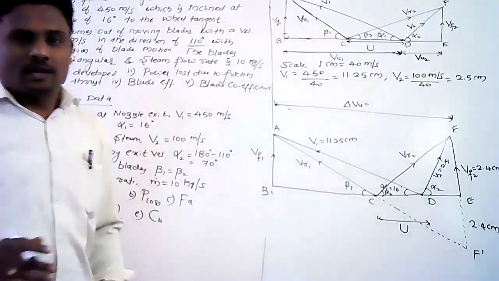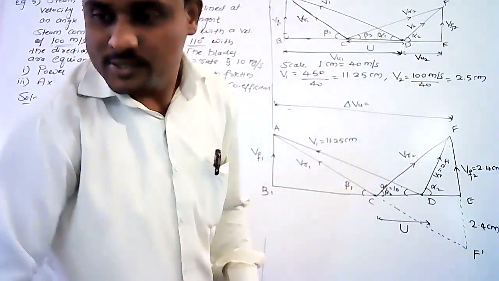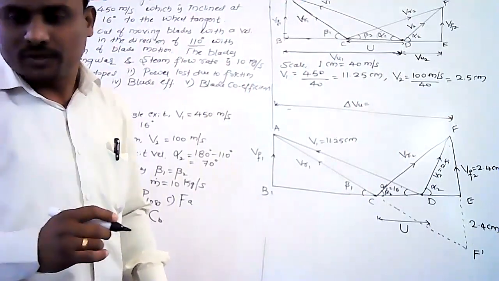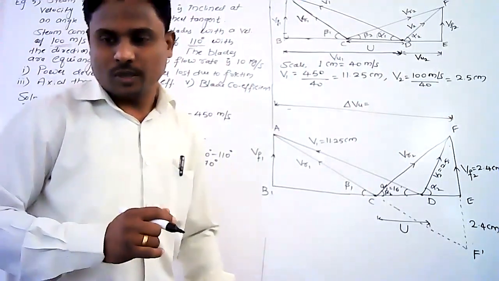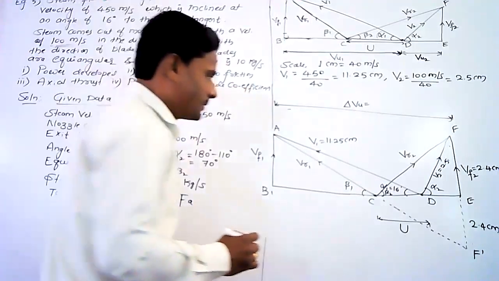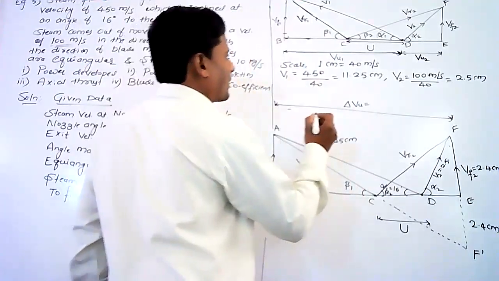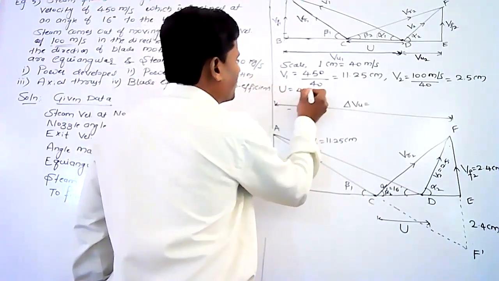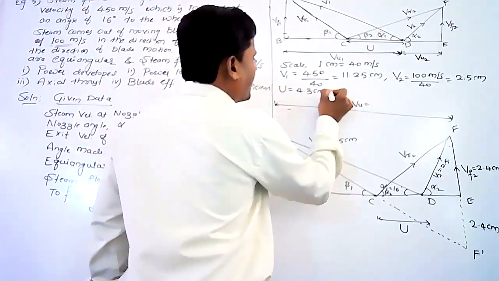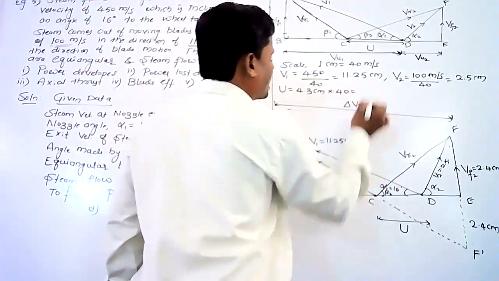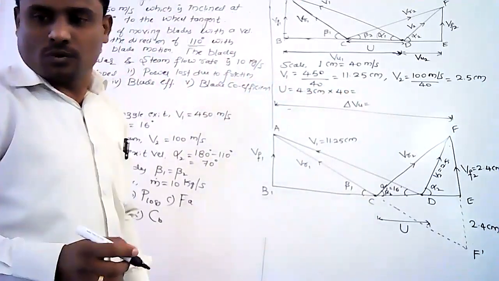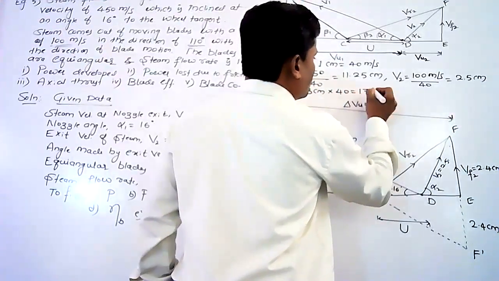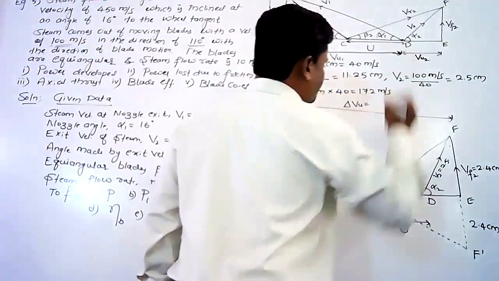Now measure all the lengths here. From the graph, you can get U equals 4.3 centimeters. If you multiply with the scale ratio 40, you get 172 meter per second.